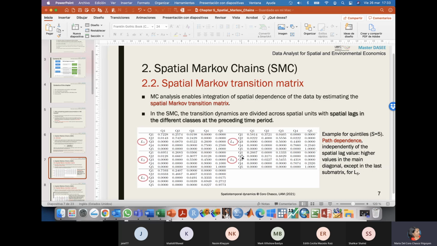If you remember how it was the other day when we looked at the classical Markov chain transition matrix, the non-spatial one, these main diagonals are more or less 0.7 or above, 0.8 or even 0.9. And sometimes we find this one here, which is a kind of absorbing situation.